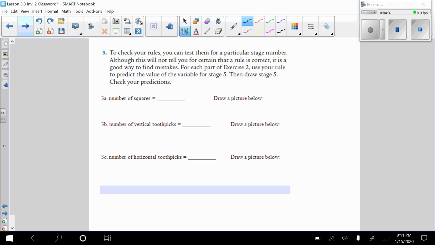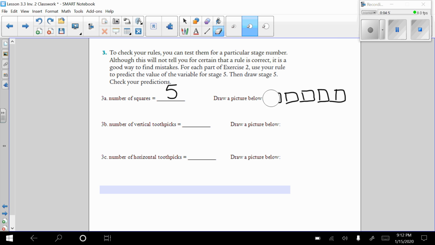Check your predictions. Well, if the number of squares is the stage number, in stage 5, I should have 5 squares. If I was going to draw that picture, I can go ahead and draw out 5 squares.